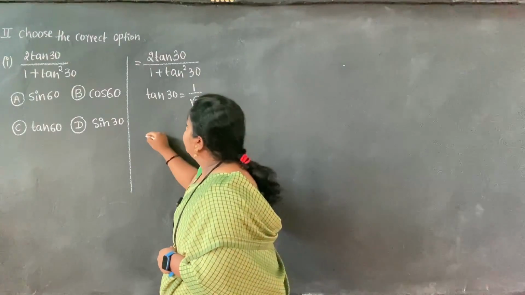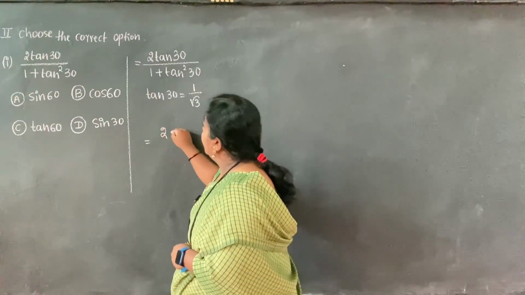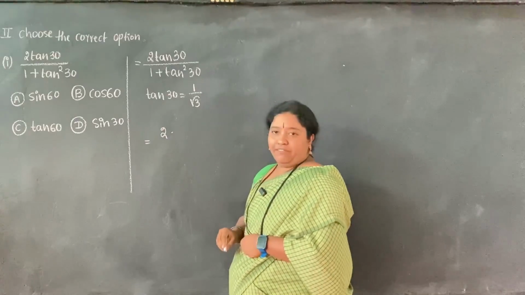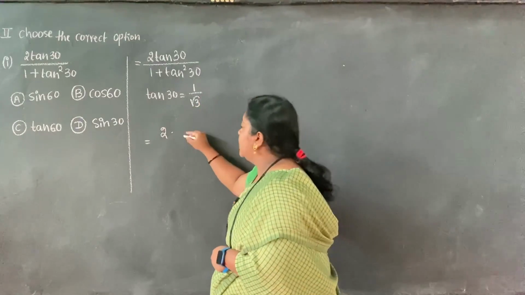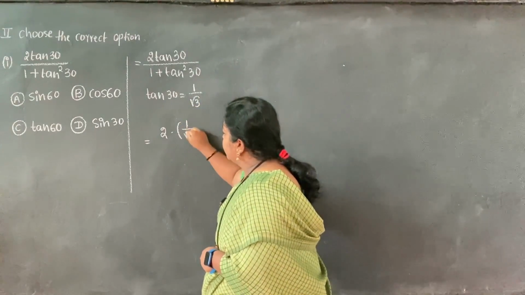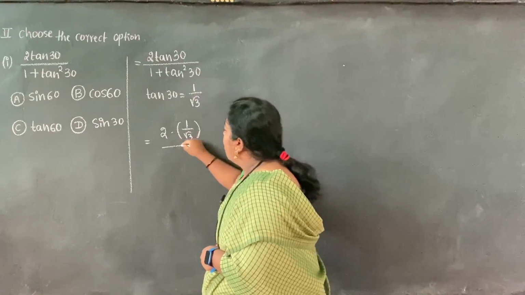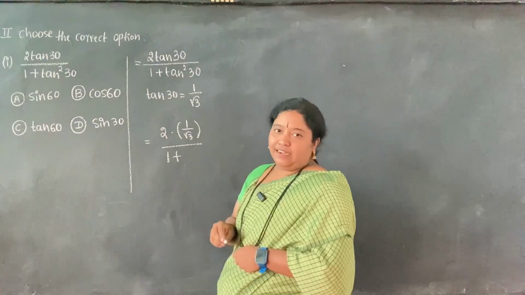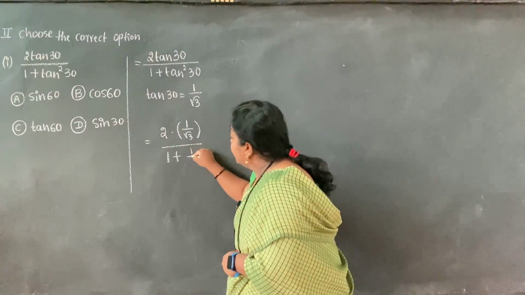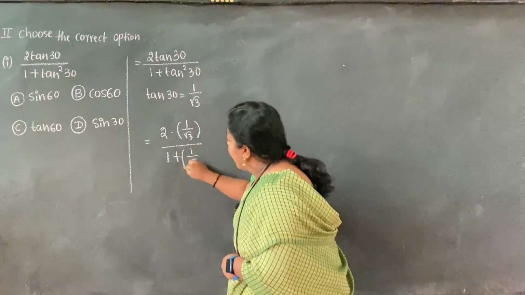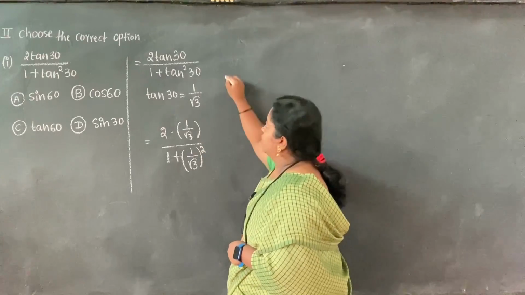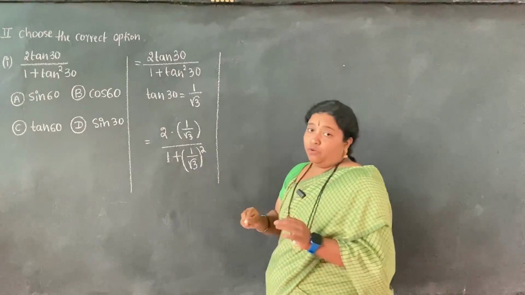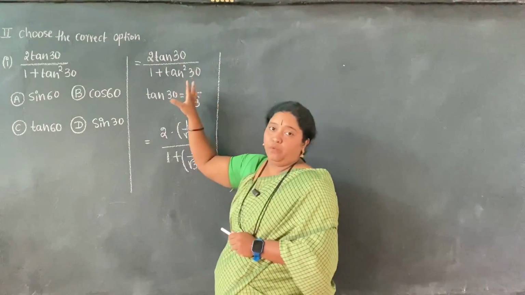So we'll have here 2 into, what is tan 30 value? I got 1 by root 3. So I'll substitute in the numerator 1 by root 3 whole divided by 1 plus tan square 30. Tan 30 is 1 by root 3 and I need to square it. Do not forget, whenever square is there, you need to put it.